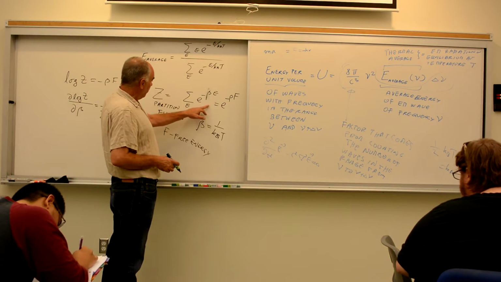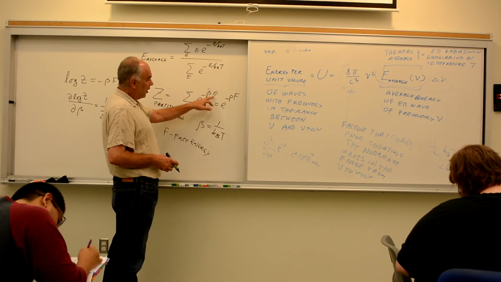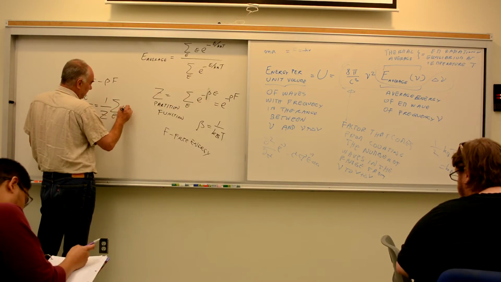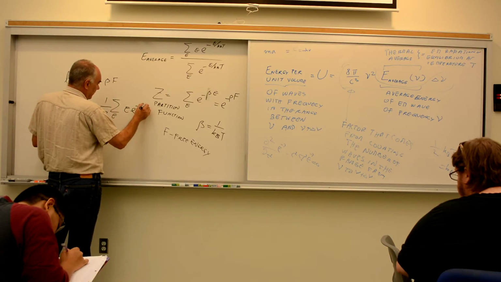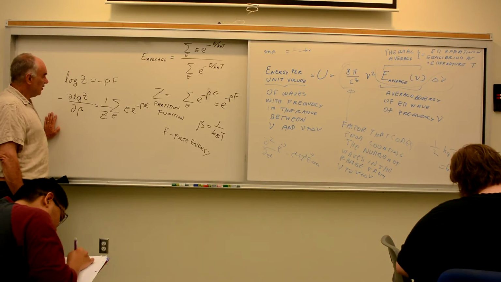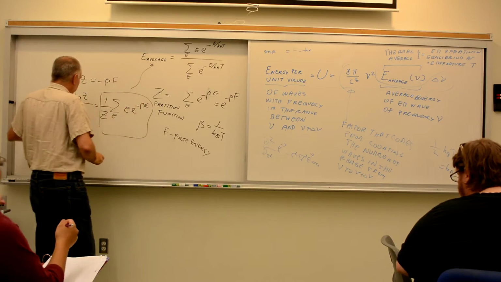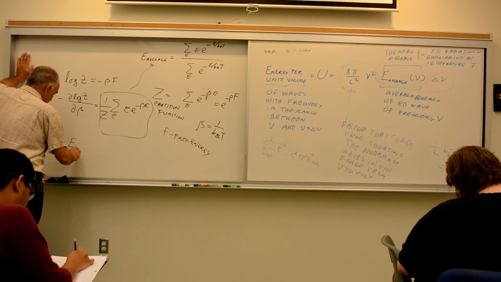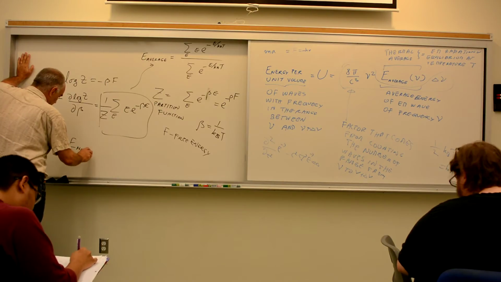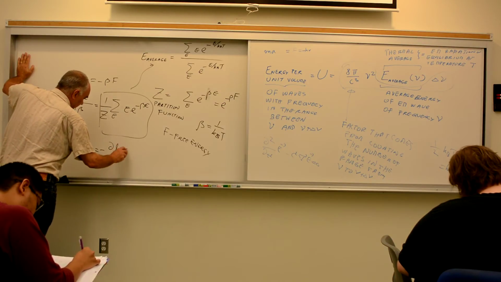If you look at the definition of the partition function, the derivative with respect to beta will drop energy from the exponent, and we'll drop a minus sign, so we stick a minus sign in front. This is the same as here. So we have the formula that average energy is minus d log Z over d beta.